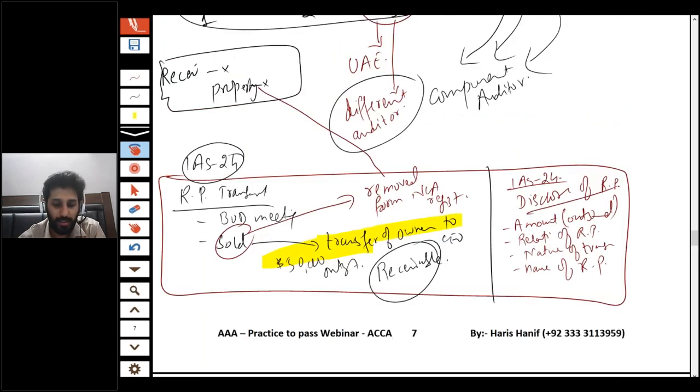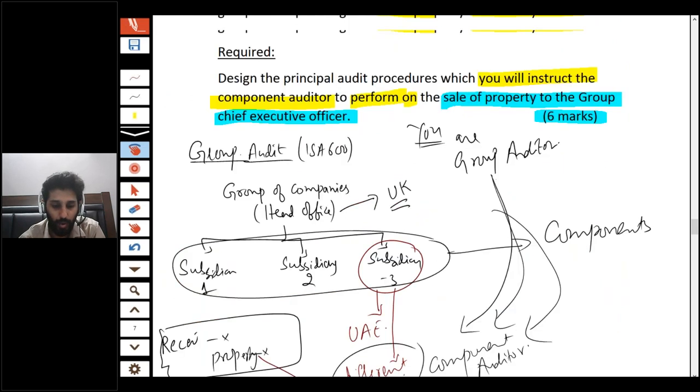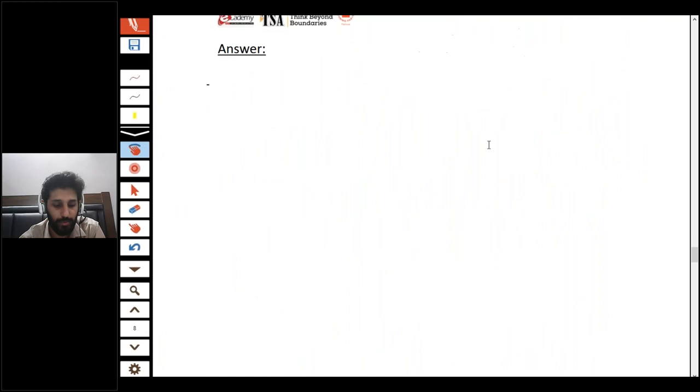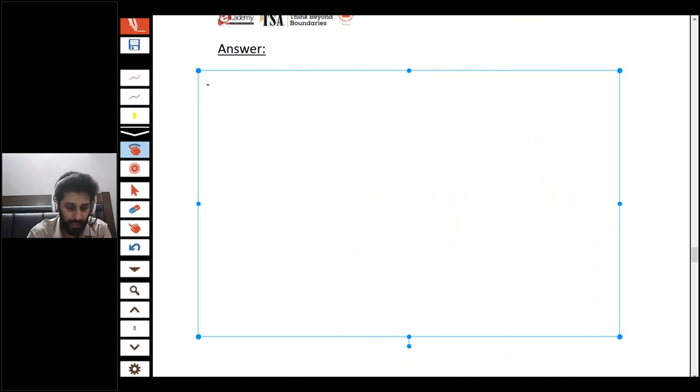The start of the question is that the company had disposed of the unused property to the group CEO, right? So first of all, there might be minutes of BOD meetings. That is, review the minutes of meetings of the board of directors, confirming the board decision, because it's not a decision at the management level, it is a decision taken at the board level, right?